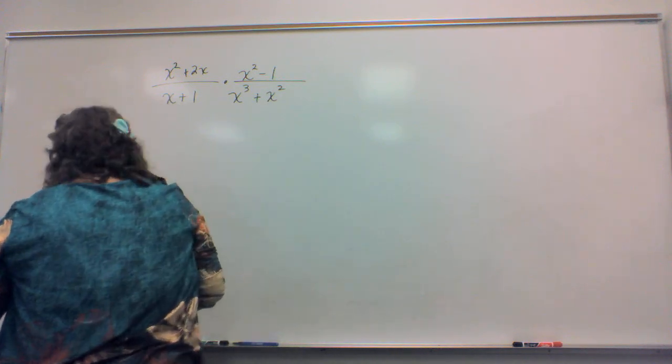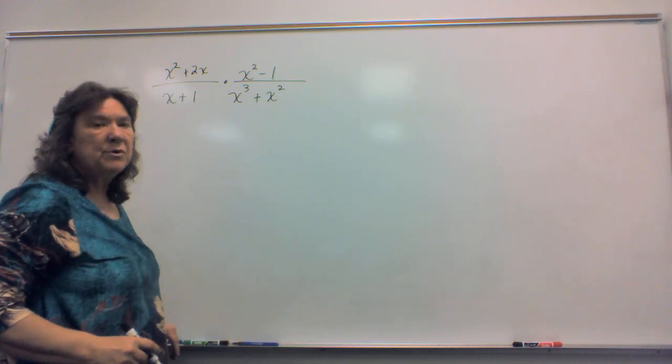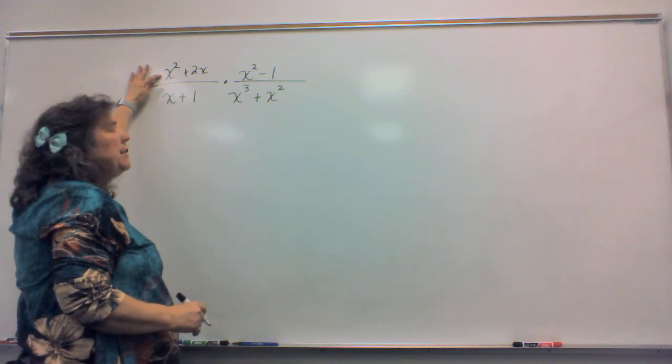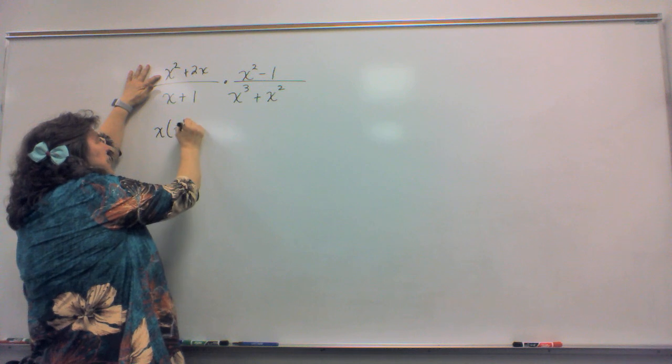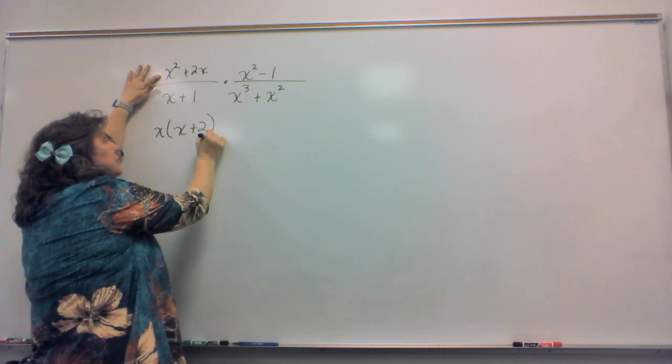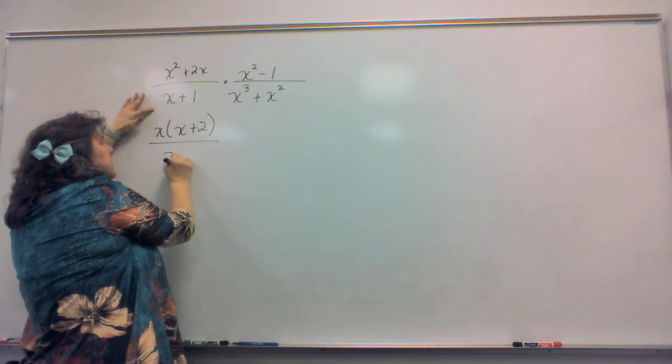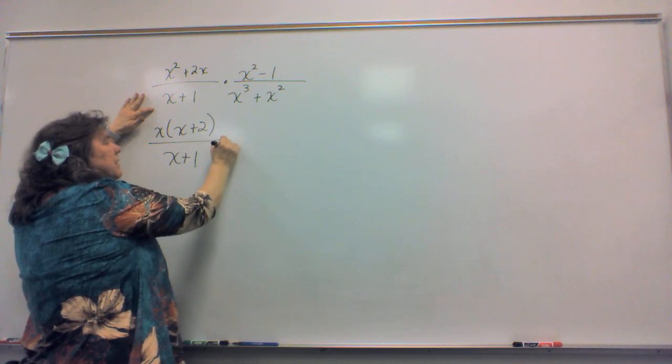Okay? So, first thing we're going to do, the top one here has a common factor of x. So this is x times x plus 2. The denominator is already factored.